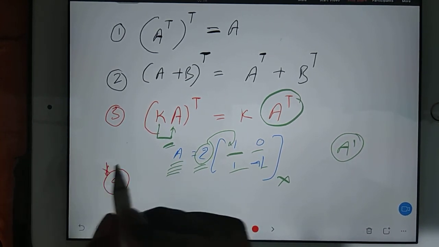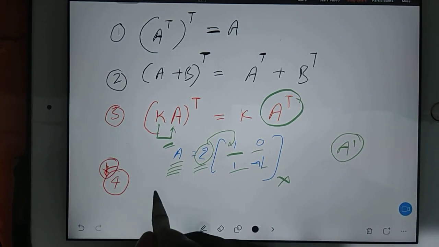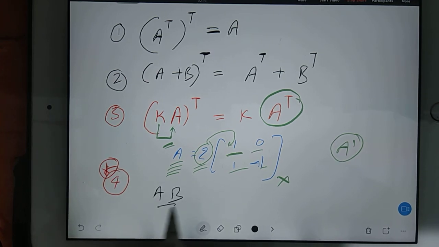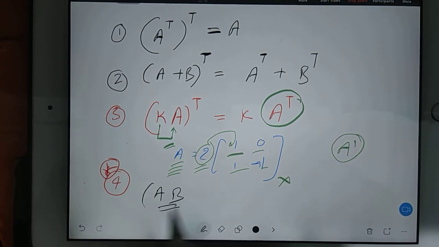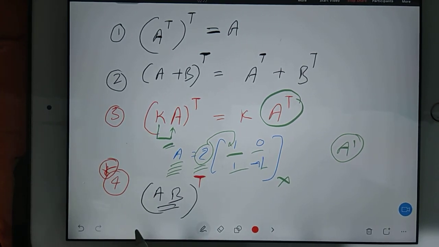But the fourth point is more tricky. The fourth point needs special treatment. Suppose you have A into B. You are multiplying 2 matrices in this order, A into B, and multiplication is possible, and then you find the transpose of this.